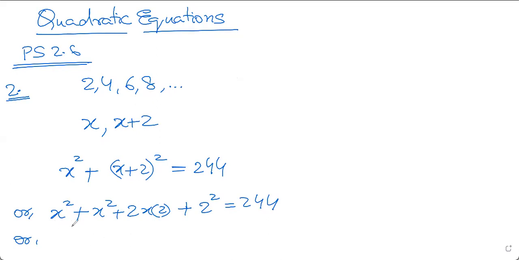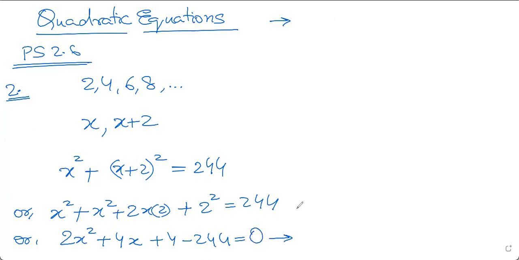Now when we simplify this further, 1x square and another x square makes 2x square. Now 2 into 2 is 4, so plus 4x, plus 4, minus 240, equals 0.